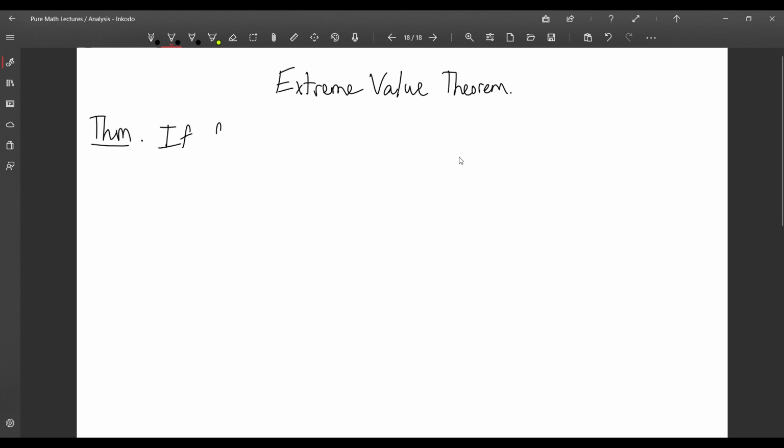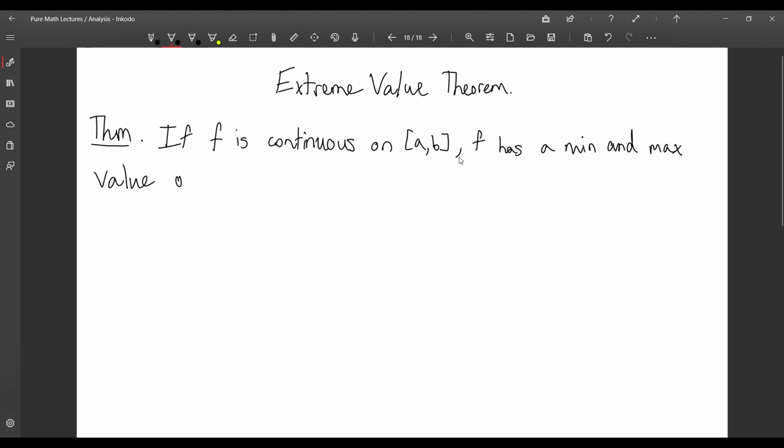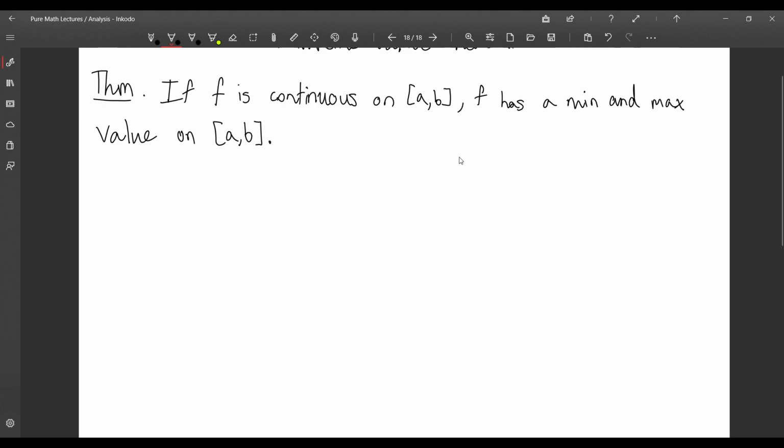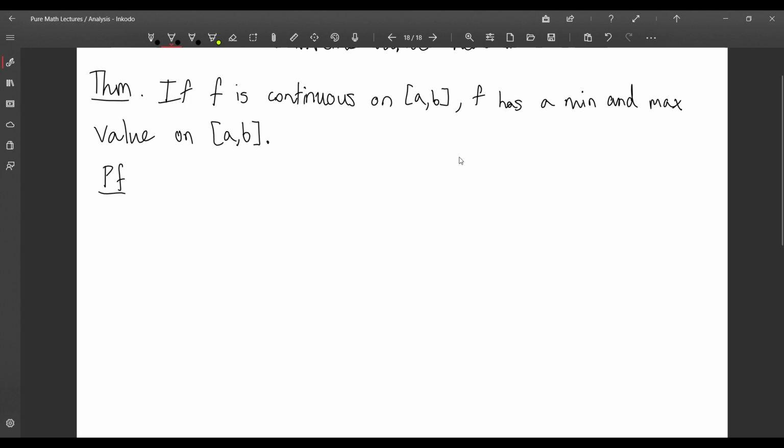If f is continuous on A to B, f has a min and max value on A to B. Right? Okay.